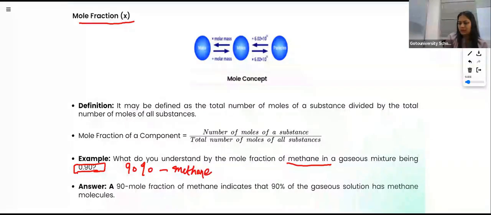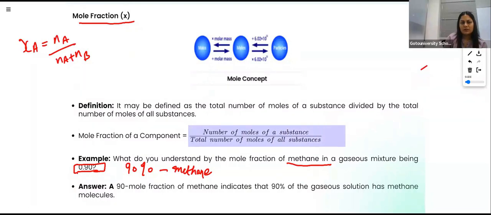For mole fraction, the formula is generally XA is equal to Na over Na plus Nb. Right? That is nothing but the number of moles of substance by total number of moles of all substances.